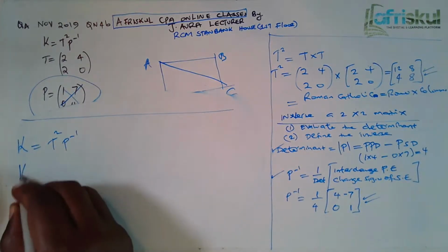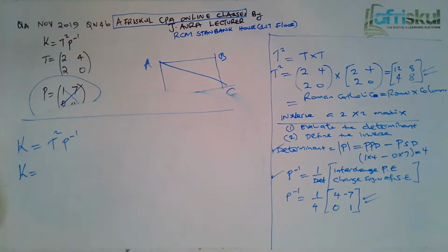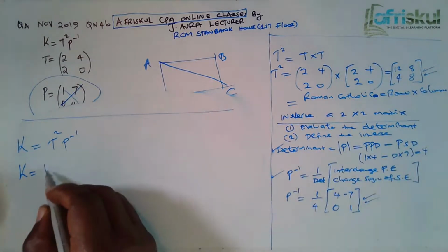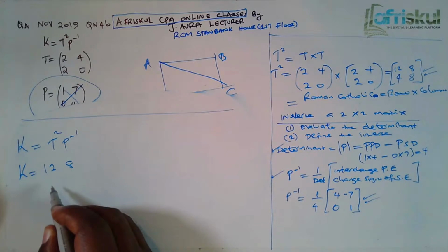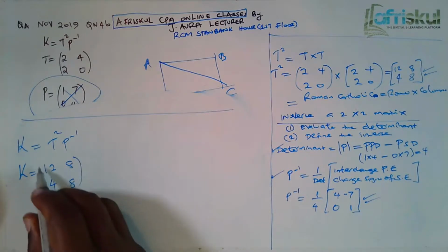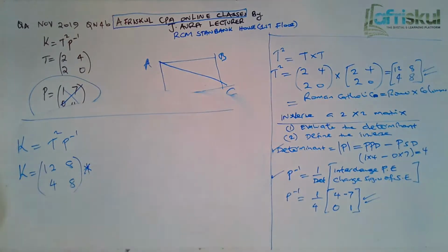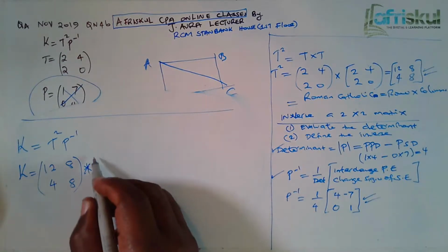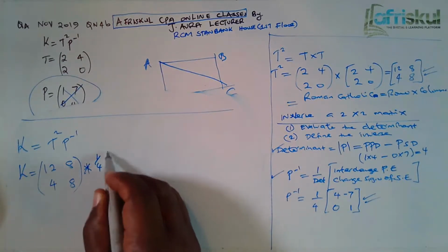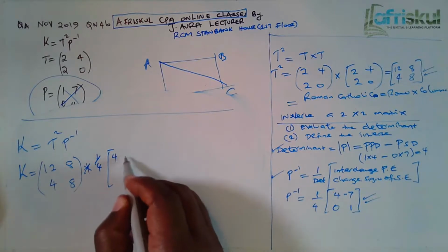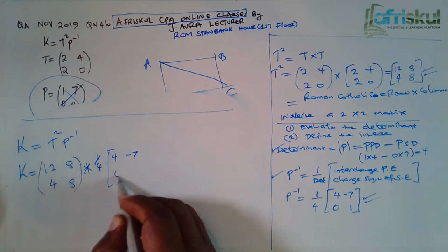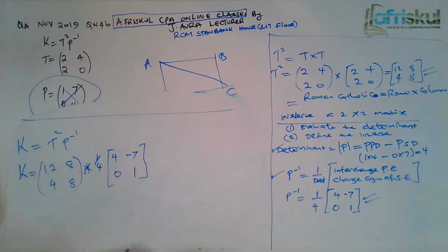K will be equal to T squared, which is defined here, 12 8 4, multiplied by the inverse here, which is a quarter into 4 -7, and then 0 1.